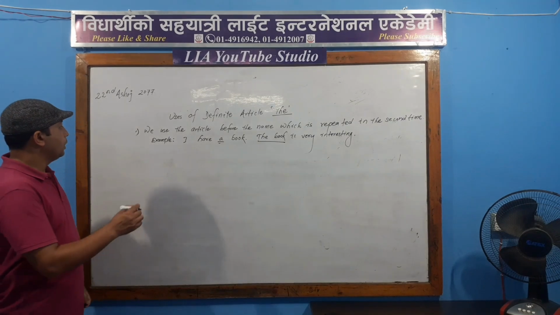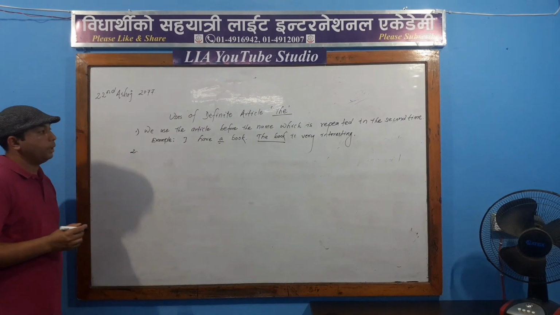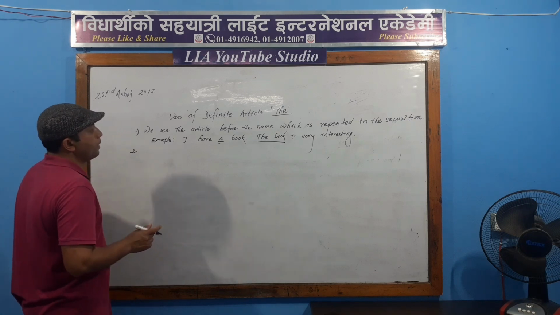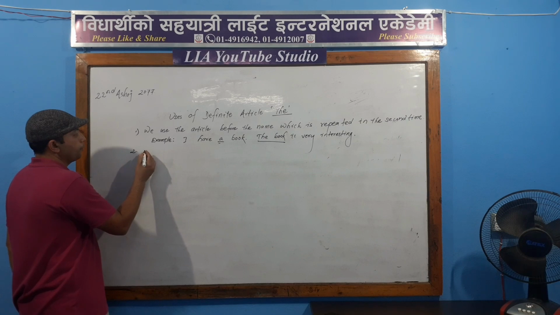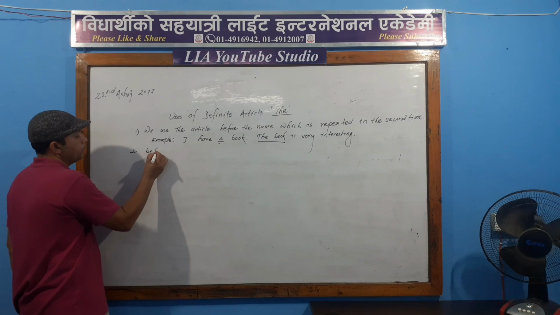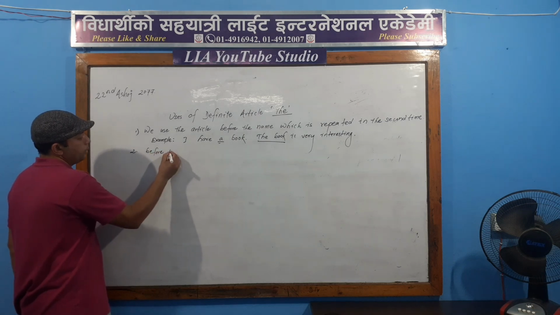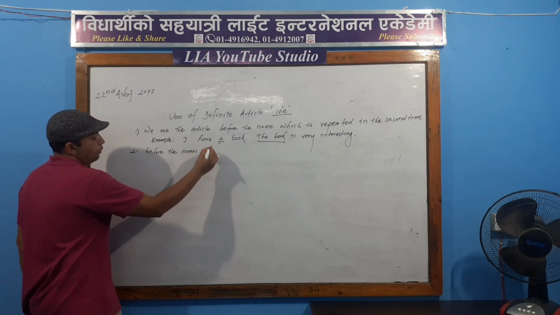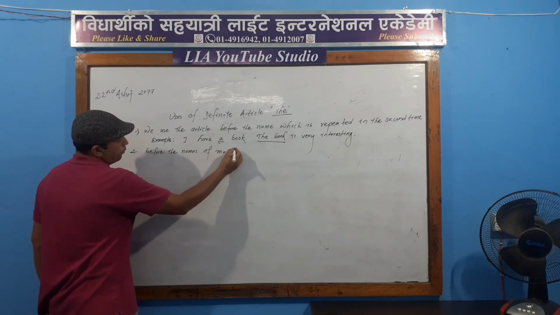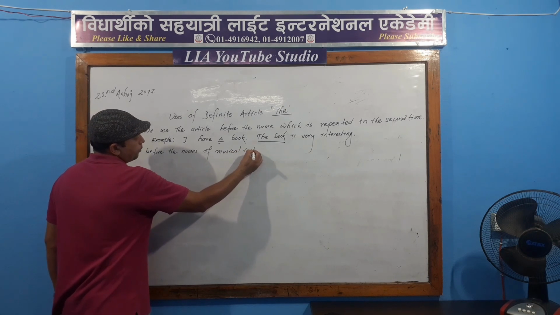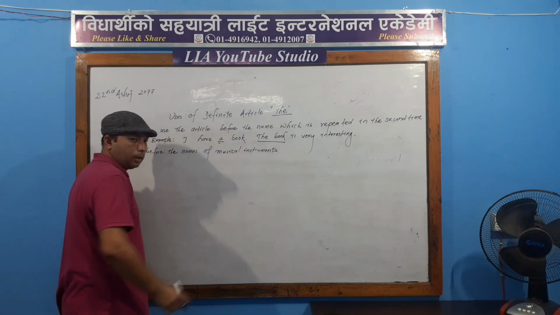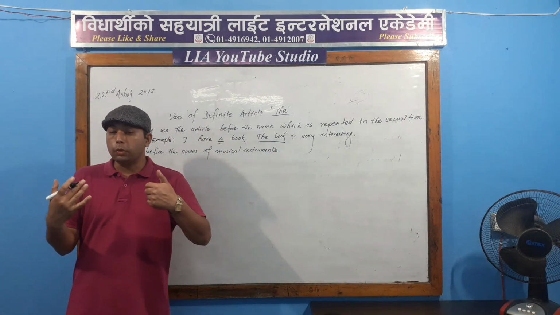Okay. Rule number 2 for articles: before the names of musical instruments. How many musical instruments' names do you know?